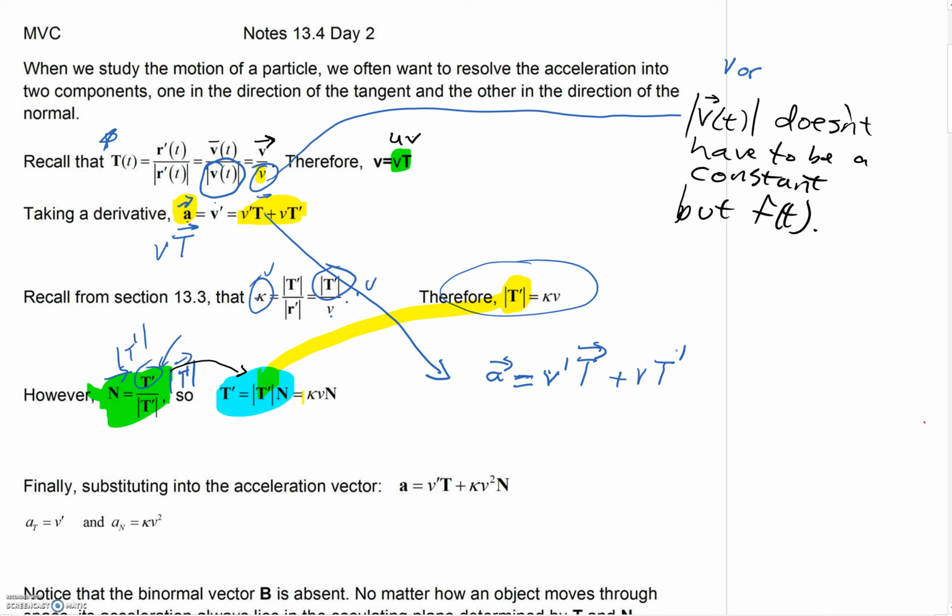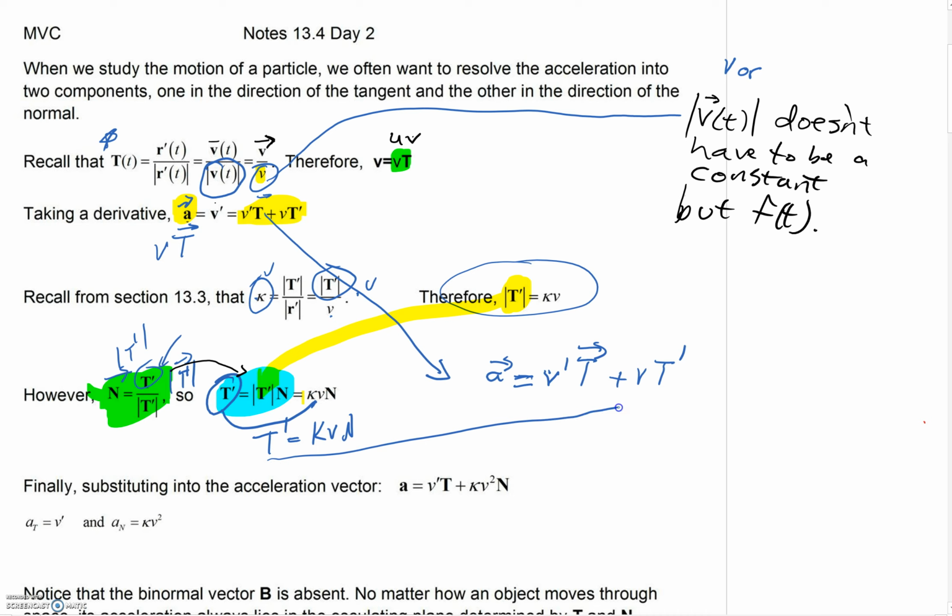But what we're really seeing right here as we're putting it all together, we're going to be able to substitute this in. What is T prime? We're seeing that T prime is kappa v N from what we just saw here.